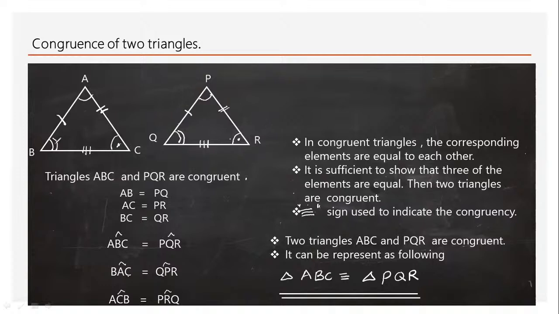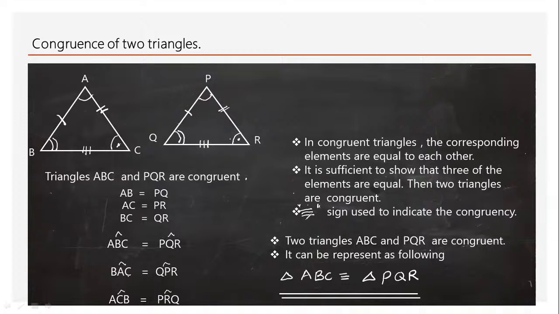These angles: B angle corresponding to Q angle, C angle corresponding to R, A angle corresponding to P. In congruent triangles, the corresponding elements are equal to each other. It is sufficient to show that 3 of the elements are equal, then 2 triangles are congruent, right? When we concern about congruency, only 3 elements are sufficient. Then we can say 2 triangles are congruent.